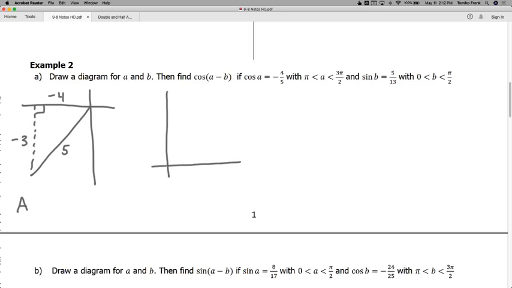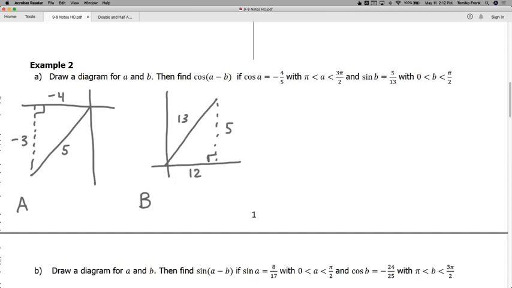So B is in the first quadrant. This is diagram B, and the sine of B is 5 over 13. So opposite over hypotenuse. This is another Pythagorean triple, which is going to be 12 here. All of those are positive because B is in the first quadrant.